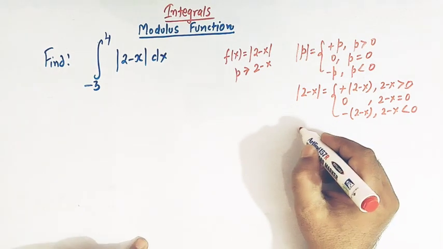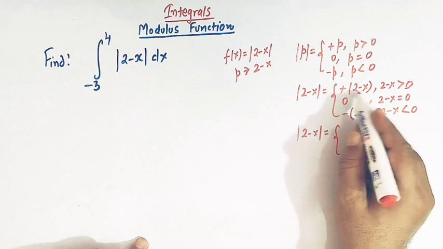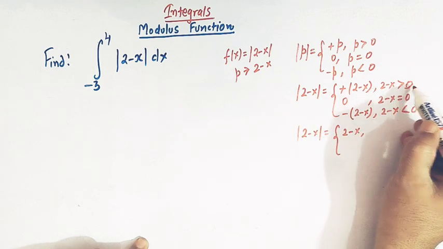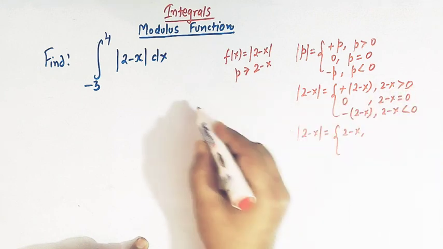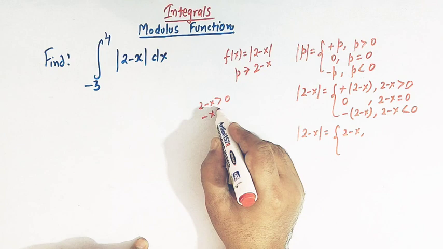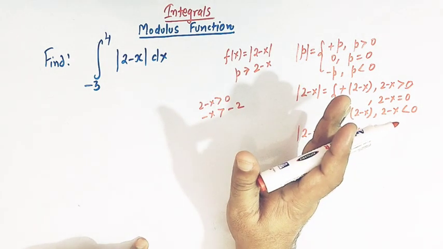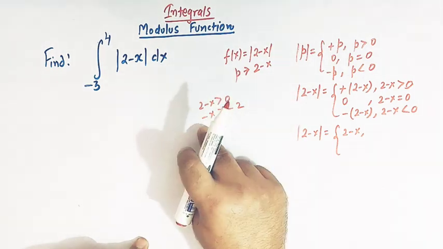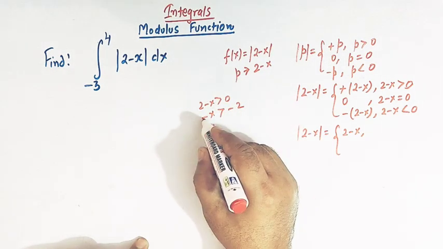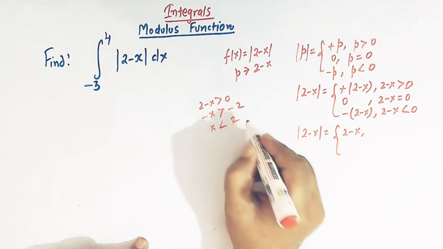So now we can rewrite this definition as mod of 2 minus x equals 2 minus x when 2 minus x is greater than 0, right? If we solve this inequality, we get minus x is greater than minus 2, taking this 2 to the right hand side and multiplying both sides by -1, we get x less than 2, but the direction of the inequality gets reversed, right?